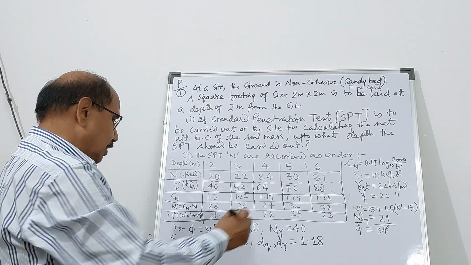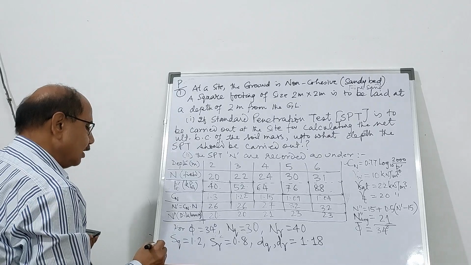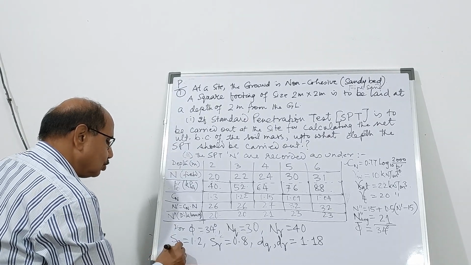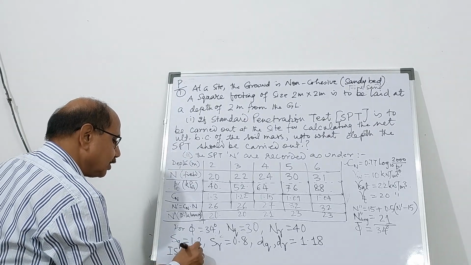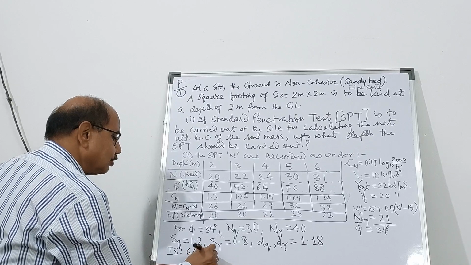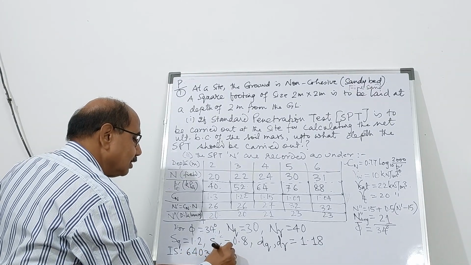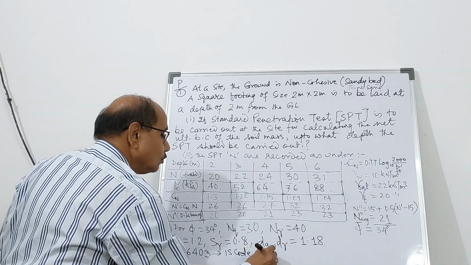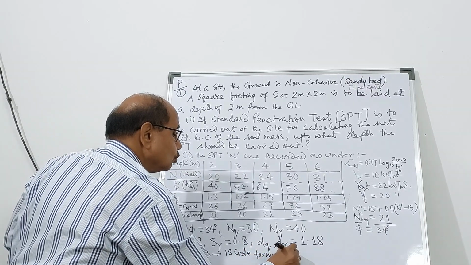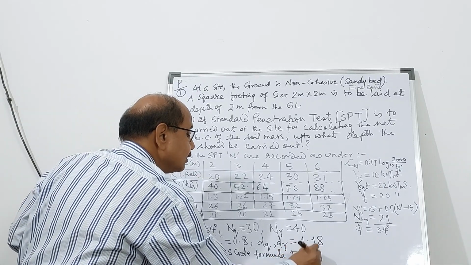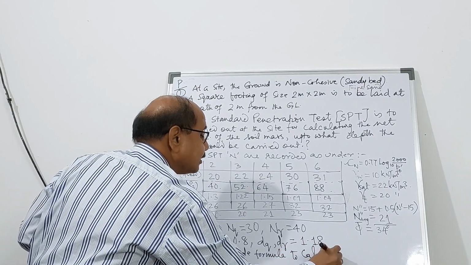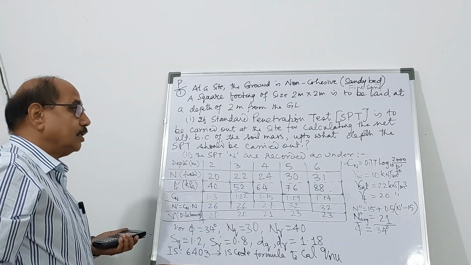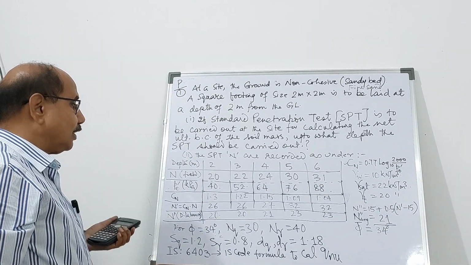So all the values are now known to you, so you can use the IS 6403 formula to calculate the net ultimate bearing capacity of this square footing.